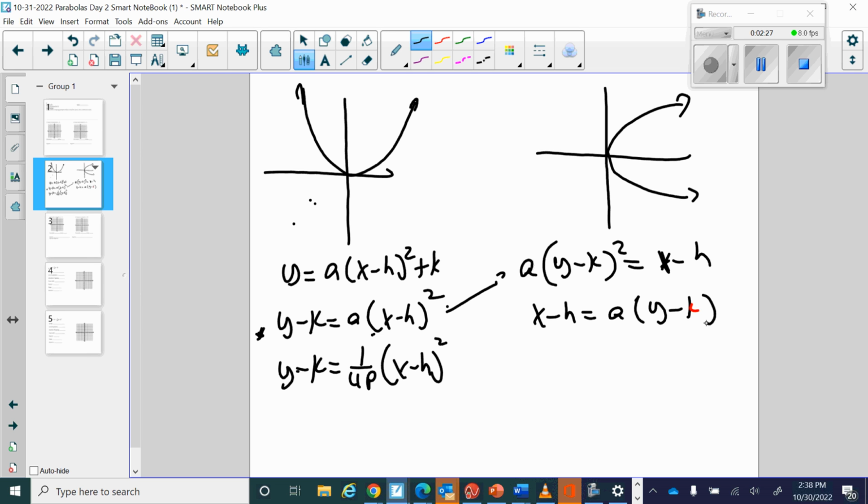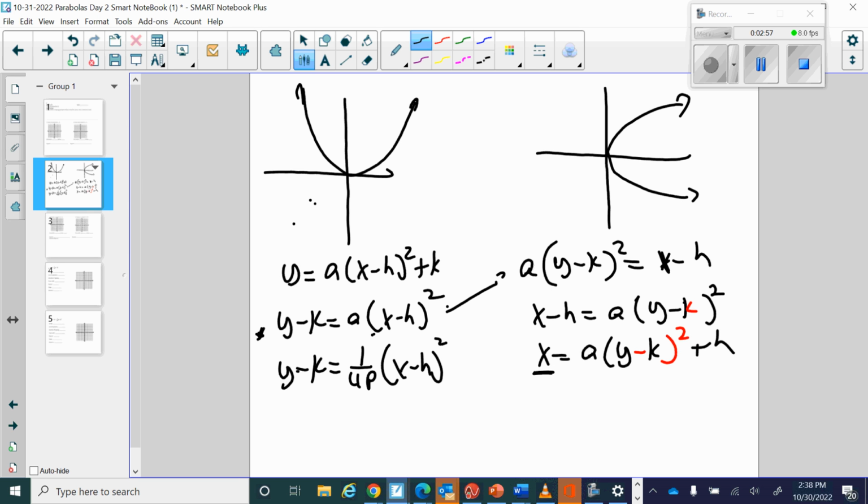Now, if I add h to both sides, that gives me x is equal to a times y minus k squared plus h. And so you see the difference now.